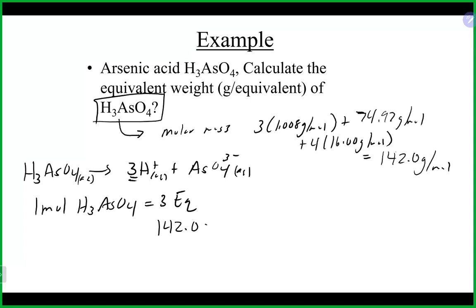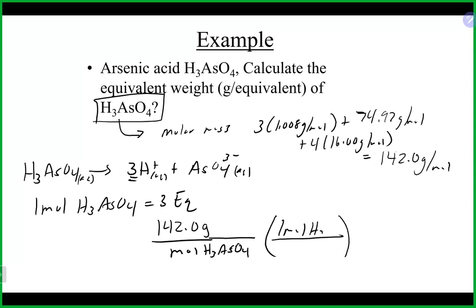We have 142 grams per mole of this acid, and for every 1 mole of this acid, we get 3 equivalents. The moles cancel, and 142 divided by 3 gives us an equivalent mass of 47.33 grams per equivalent.